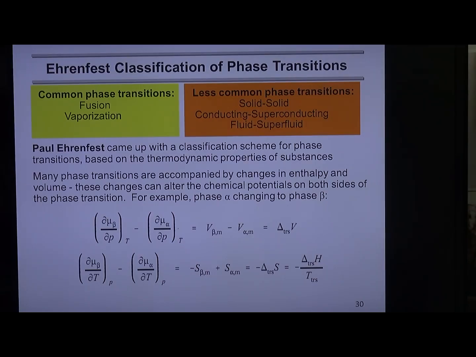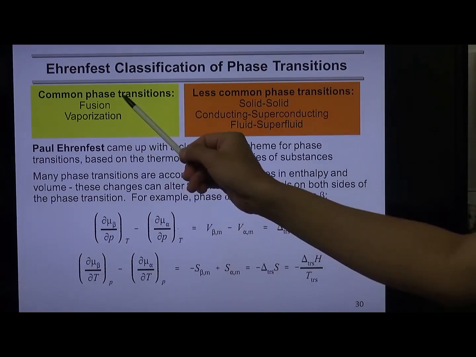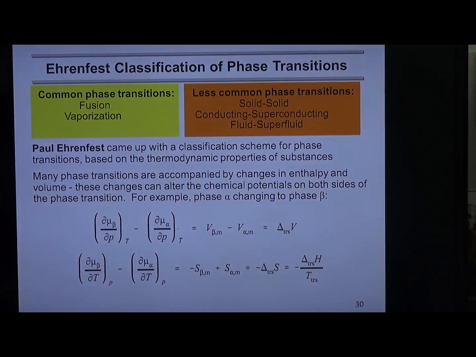We have encountered only a few different kinds of phase transitions, such as melting, vaporization, sublimation, etc. But there are many different kinds of phase transitions, including solid-solid phase transition, conducting-superconducting phase transition, fluid-superfluid phase transition, etc. So people needed to classify many different kinds of phase transitions because there are so many kinds.